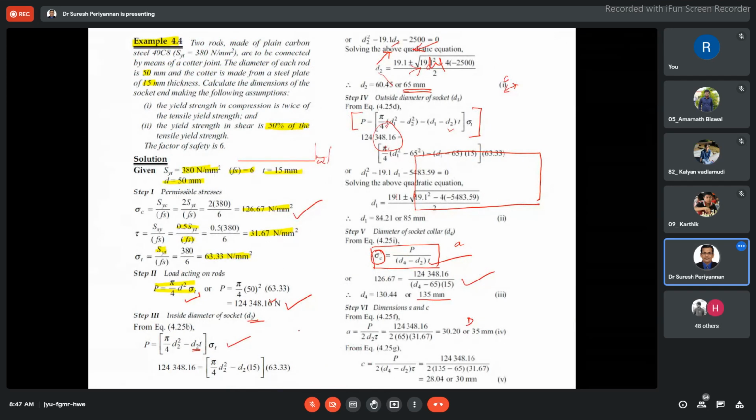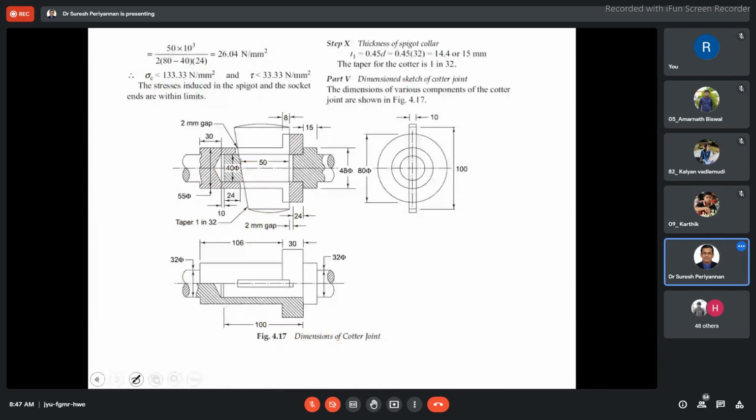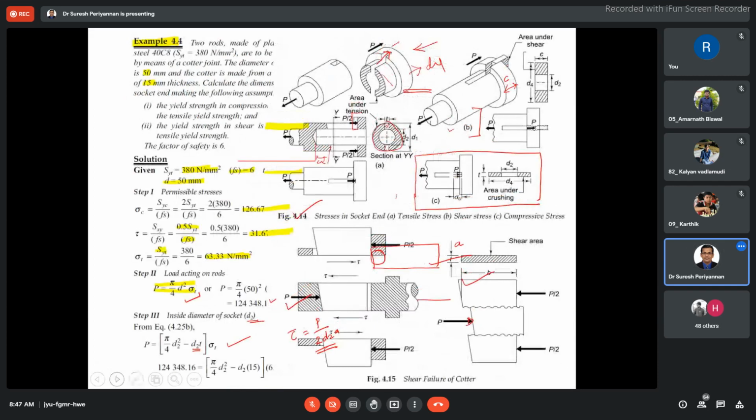Tau equal to P by 2 d2 into A. We already discussed this equation, P by 2 d2 into t, here d2 into A. See this figure.